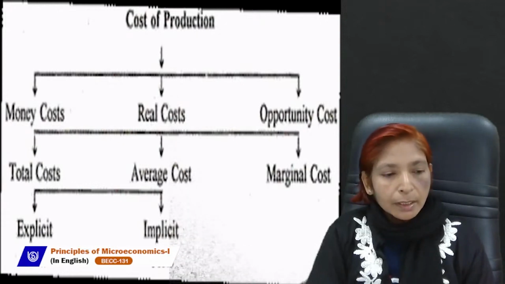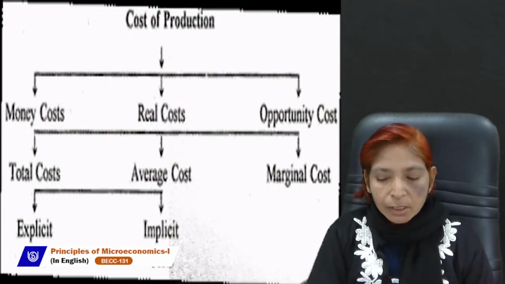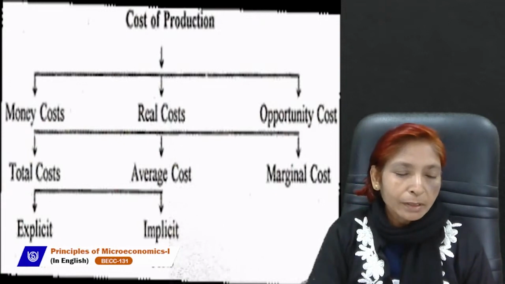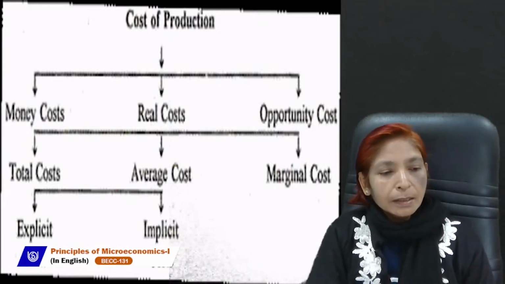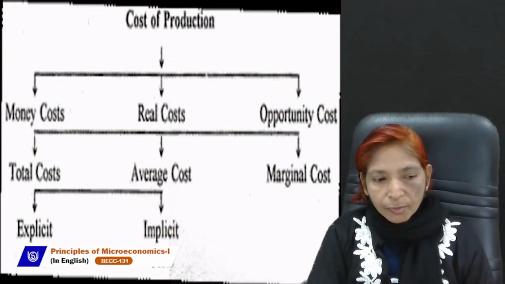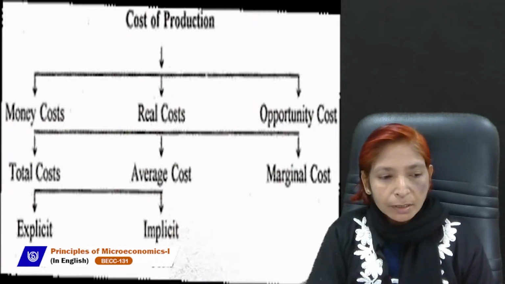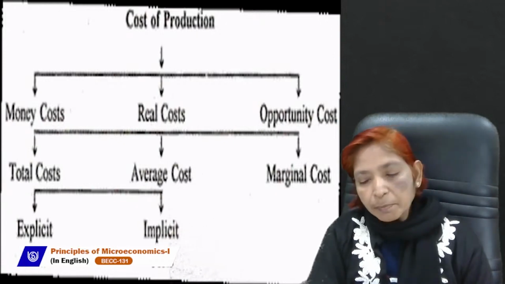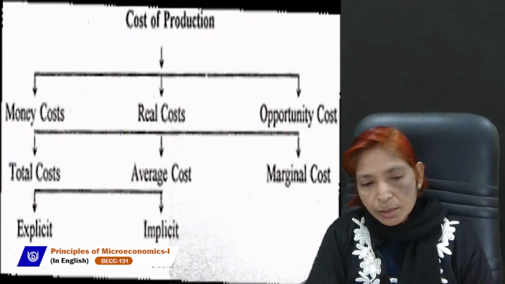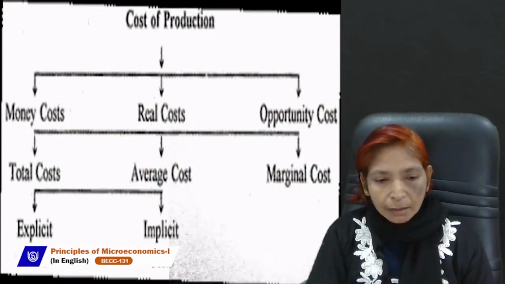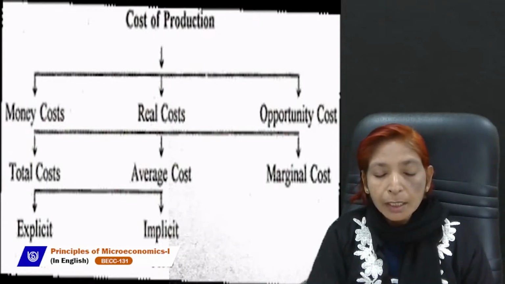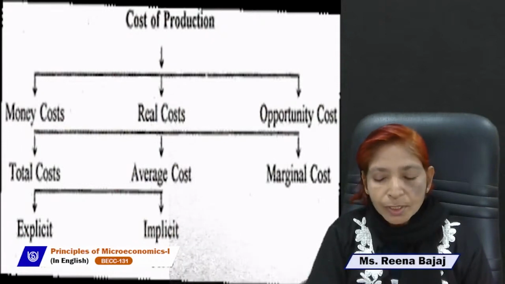Explicit cost is the same as money cost, in which we use all the factors of production and pay their rewards in the form of rent, interest, wages and profit directly. And implicit cost is that cost which is not directly seen but is incurred in the production of goods and services.